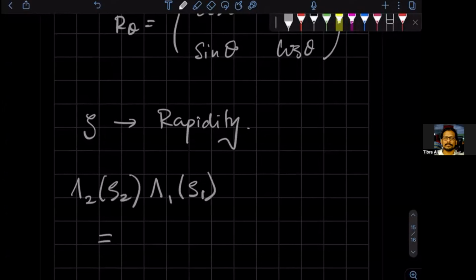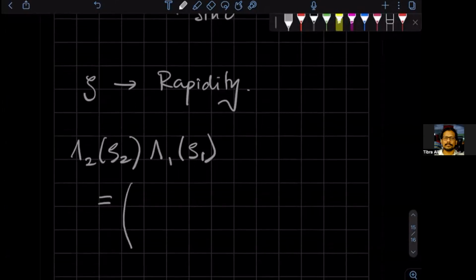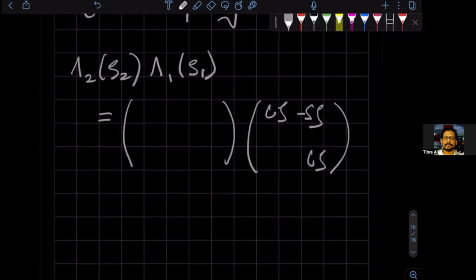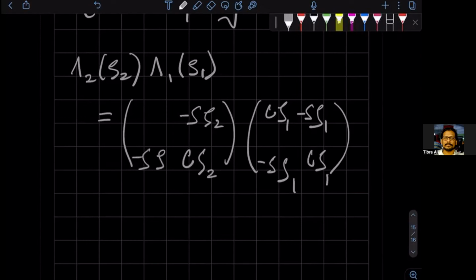Then if I look at the resulting Lorentz transformations, I'll have cosh of zeta 1, sinh of zeta 1. The minus here you can absorb, because you can always define zeta to be minus zeta. And here we have cosh of zeta 2, sinh of zeta 2.